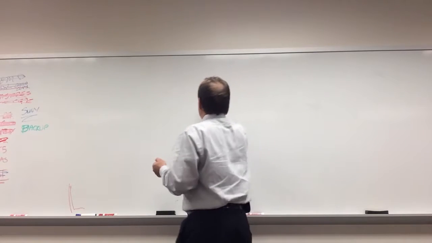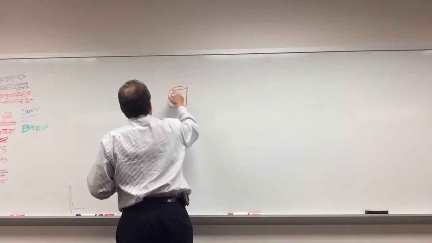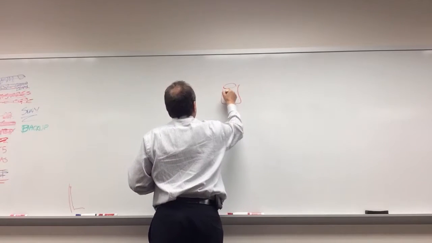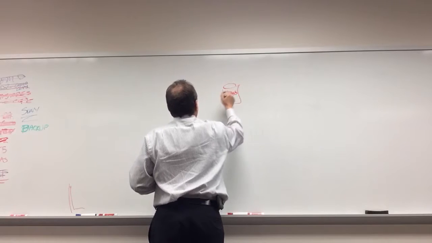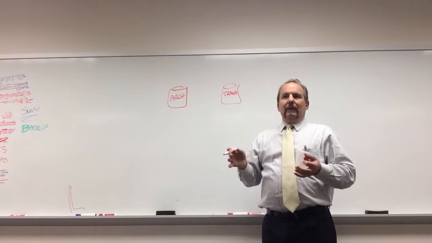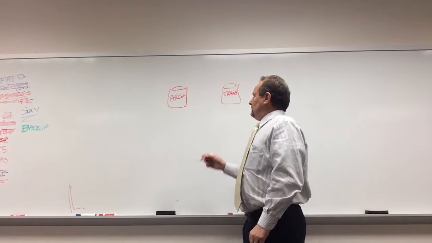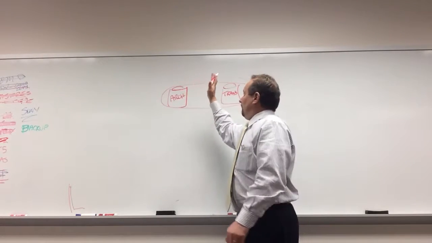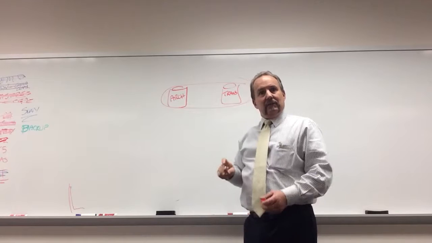So if you know anything about databases, you've got your archive, and I'll call it the transaction, right? Oracle, Sybase, whatever the database is, has the ability to join them, right? Logically join them, but physically they can be on different disks, right?